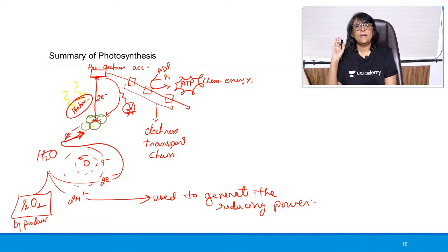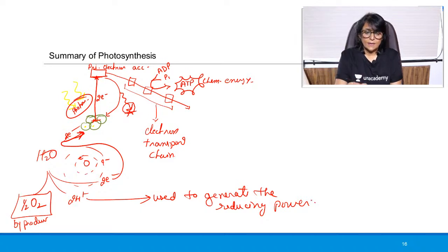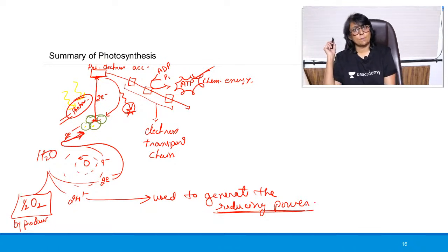Light reaction complete. What is happening in light reaction? Photons, light energy, is getting converted into chemical energy, and during this process we are also developing the reducing power.